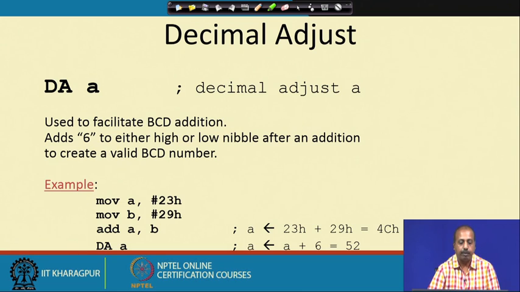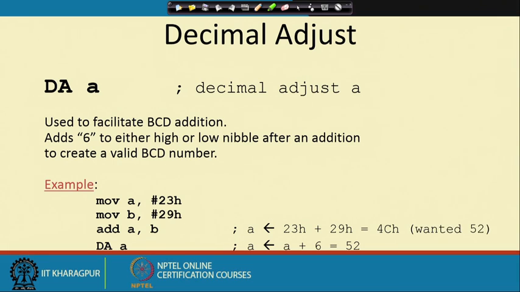Here also we have that version, but in 8085 DAA was a single word. In 8051 we have DA as one word and A as another, and you cannot have any operand except A. These operands are fixed, so you cannot modify them.